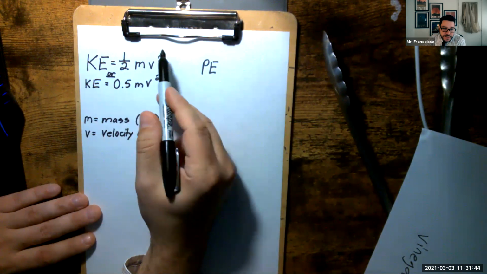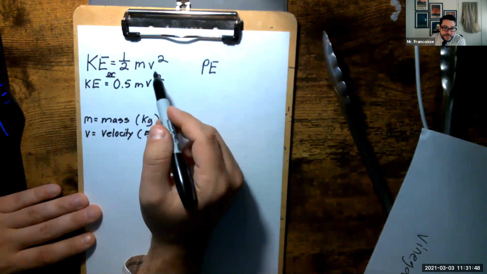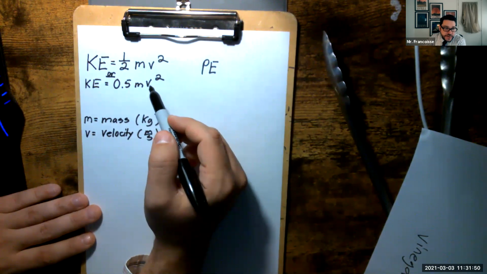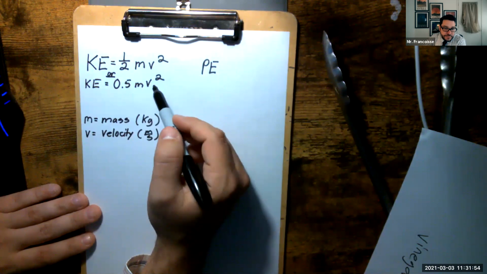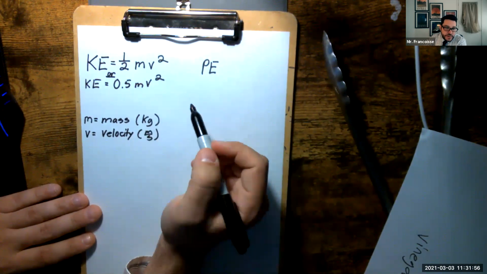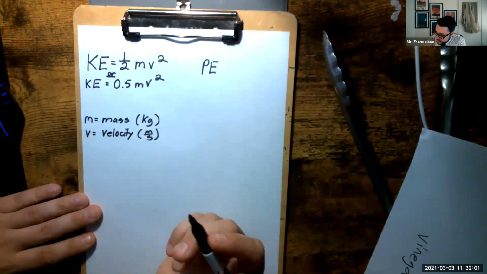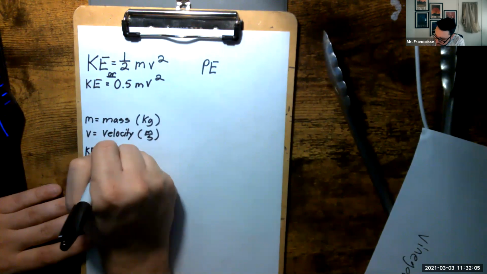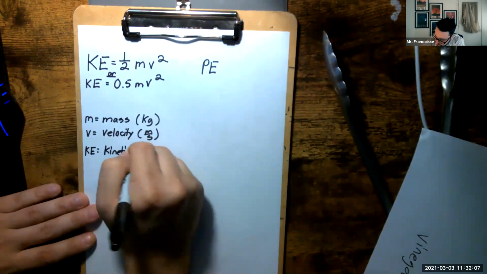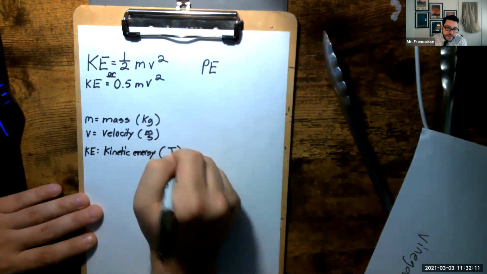Since the velocity is getting squared, it doesn't really matter if it's positive or negative, because if we have a negative velocity, our answer is going to be positive, because negative times negative would always give us a positive. So KE is our kinetic energy, and we use J to represent joules.